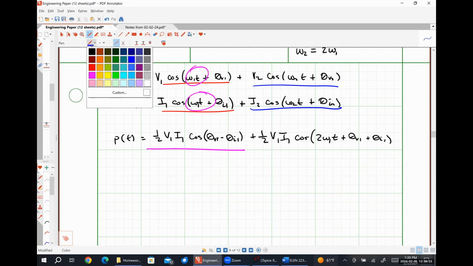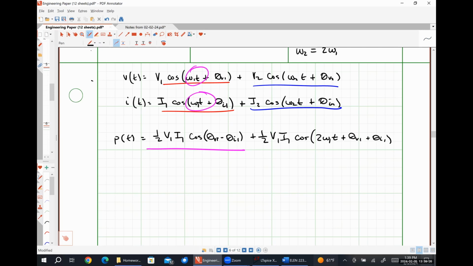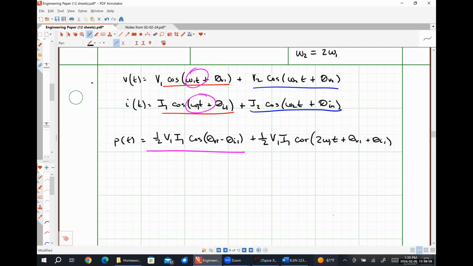So let me show you what I mean by that specifically. Let me do the second part here. I'm going to have 1/2 V1 times I2. Now I have to take the difference of those angles, so that's going to look like omega 1 minus omega 2 times t plus theta V1 minus theta I2.